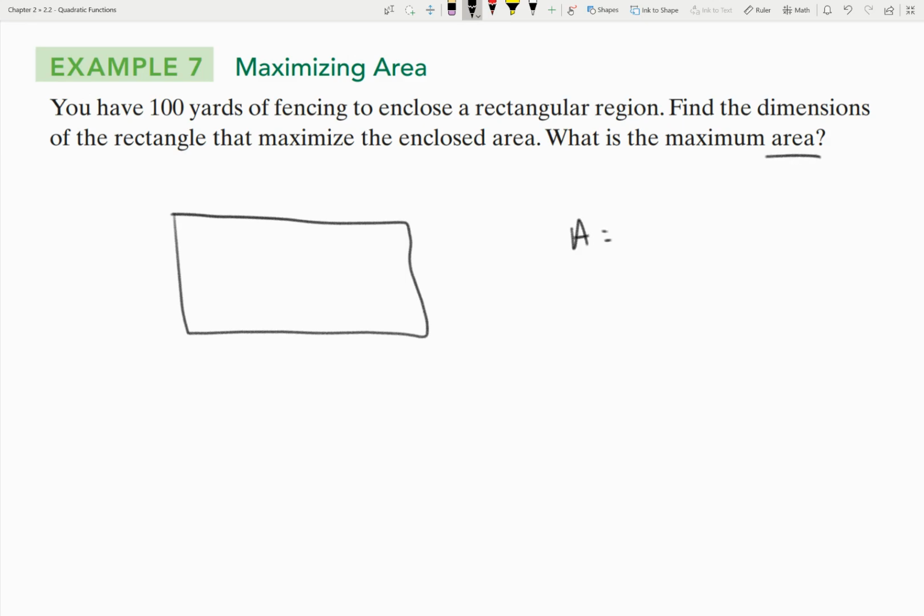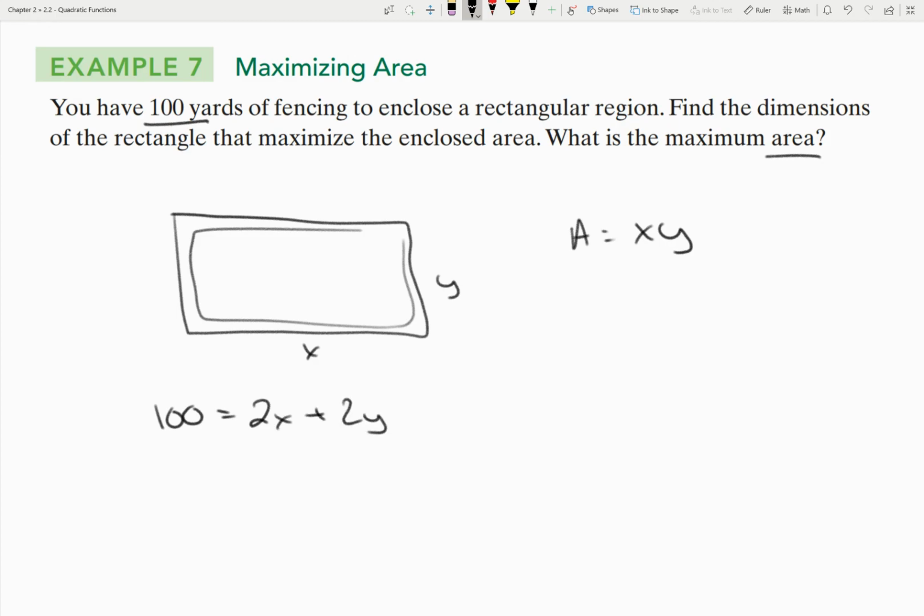The area is x times y, length times width. That's what we need to maximize. I have one more piece of information: 100 yards of fencing. That means the distance around the whole perimeter has to be 100, which means 100 is going to equal 2x plus 2y.